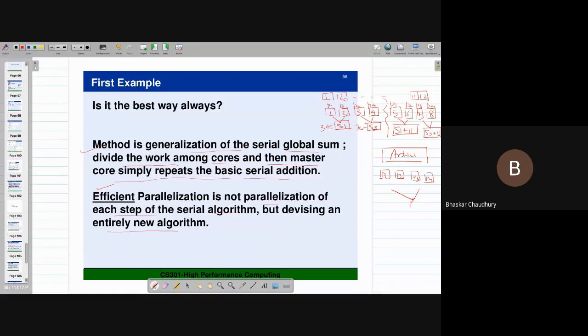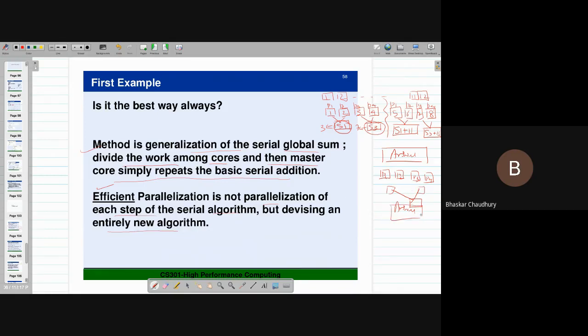This continues, and finally the partial sums will be with P1 and P3, and they will collaborate and give you the global answer.